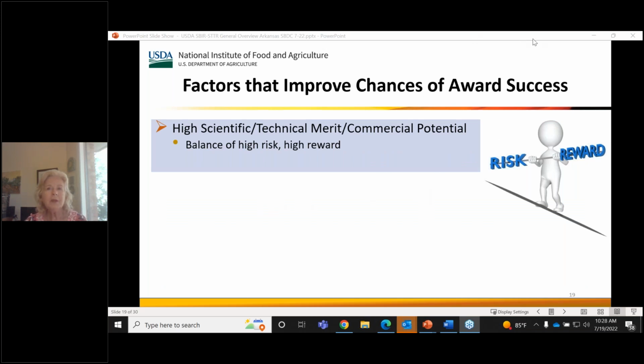So these next few slides are about ways to improve your chances for success. Having a high balance between scientific and/or technical merit and commercial potential is just so important.